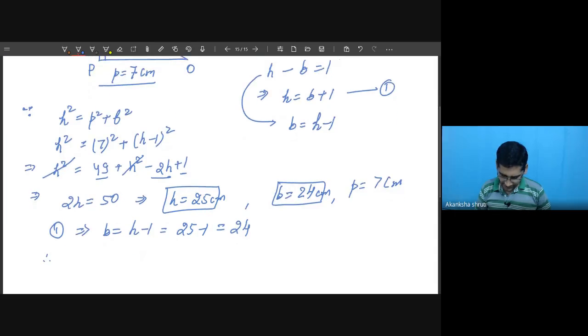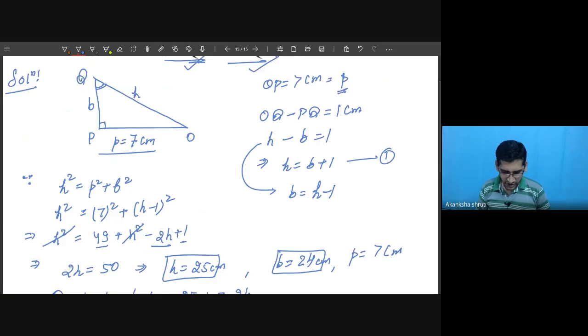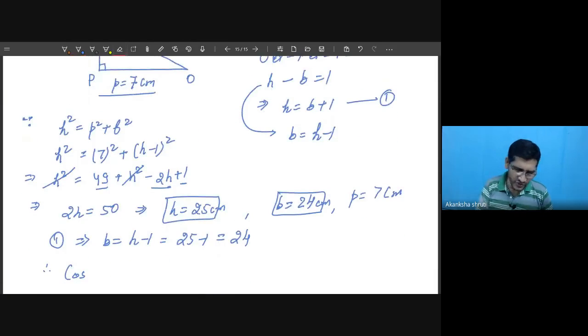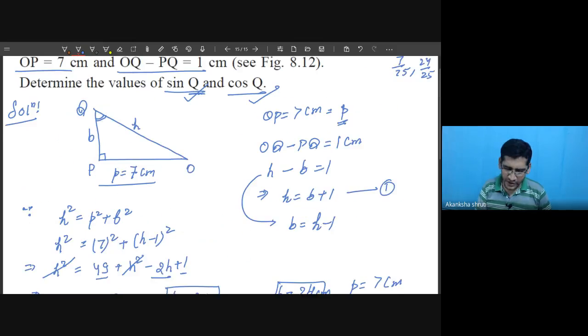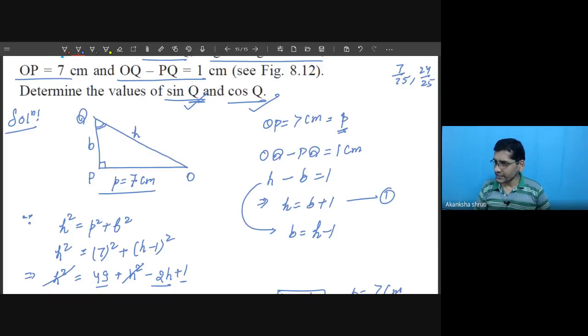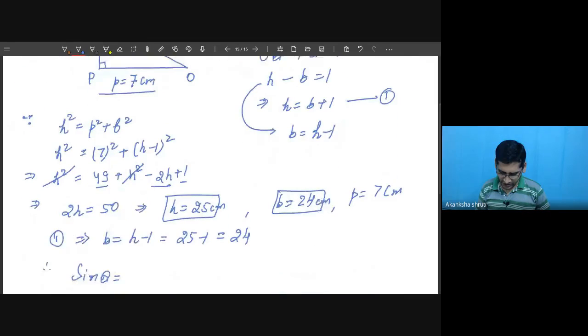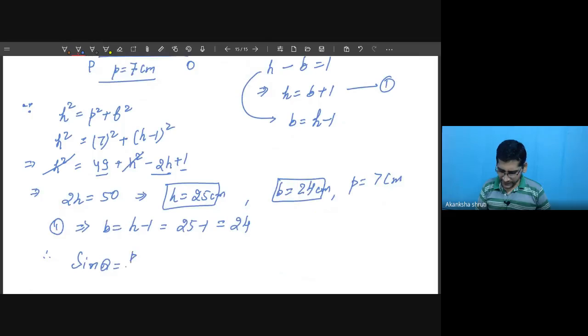Therefore, what we need is the cos of theta or cos of Q basically, or sine of Q. Let us first calculate sine of Q. Already this P, B, H we have taken in reference of Q, so we have nothing to worry about now. We can directly substitute. It is P by H. The value of P is 7, and H we have calculated as 25.